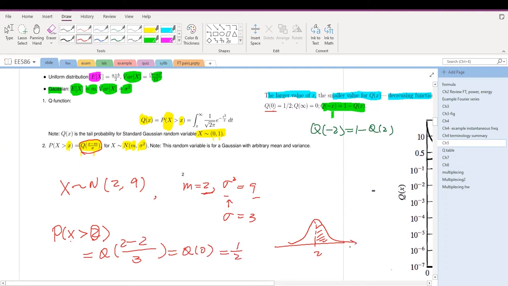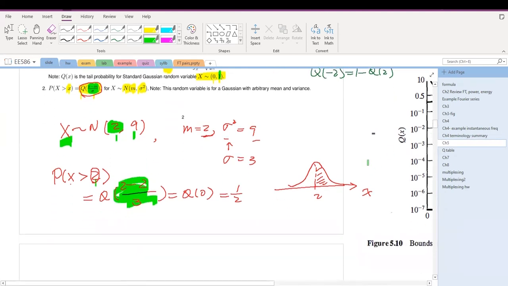So we can see here, in this case, this is a Gaussian random variable with non-zero mean and any variance not equal to 1. The probability of this random variable greater than a value of x equals Q((x - m)/sigma). So that's this.